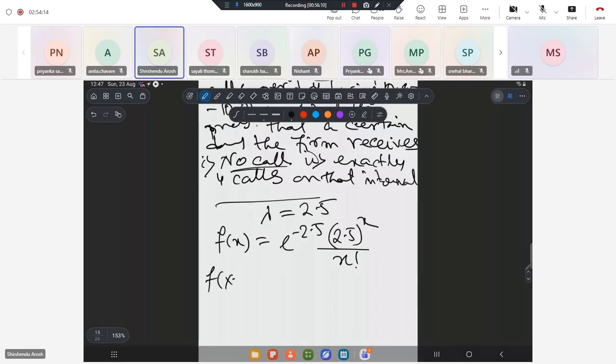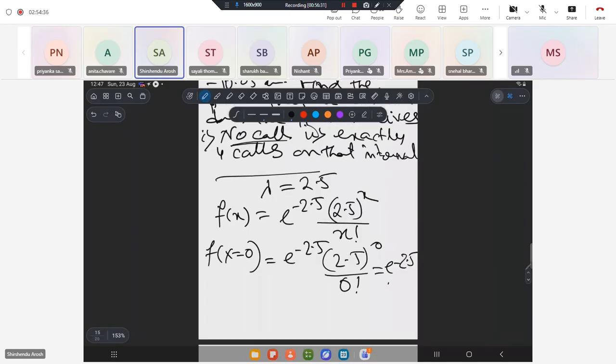It means x is equal to 0. So e to the minus 2.5, 2.5 to the power 0 by 0 factorial. 2.5 to the power 0 is 1, and factorial 0 is also 1. So the final answer is e to the power minus 2.5. What number is it?